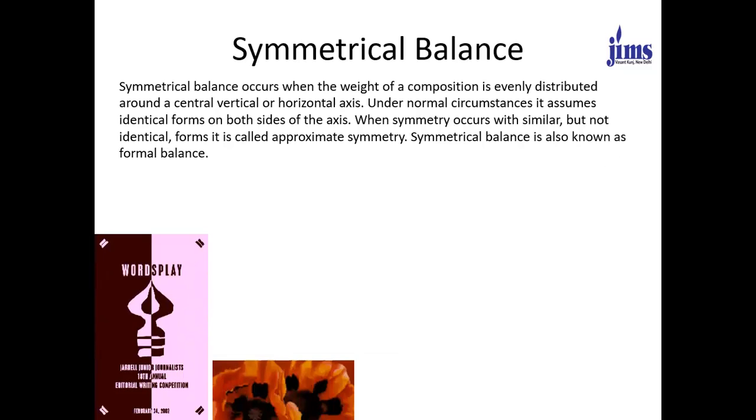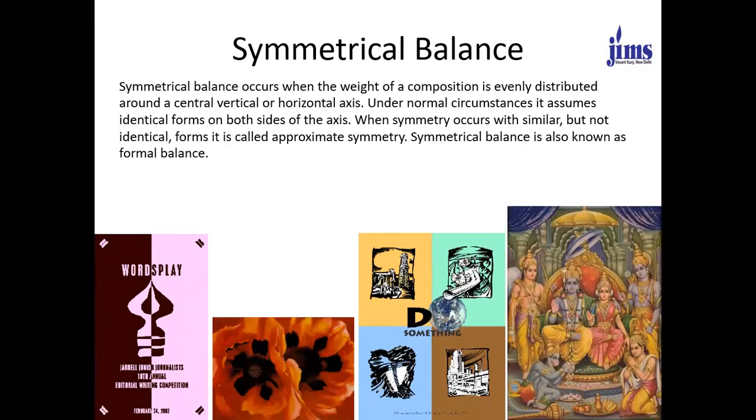This is symmetrical balance. As you can see in the images on your screen, it's very clear that the visual weight and the composition are very much equal here in terms of color, placement of the images, and distribution of the elements. Symmetrical balance occurs when the weight of the composition is evenly distributed around a central or horizontal axis.